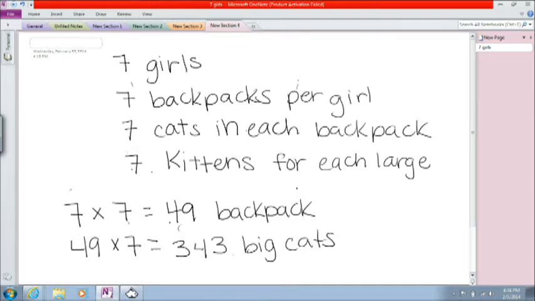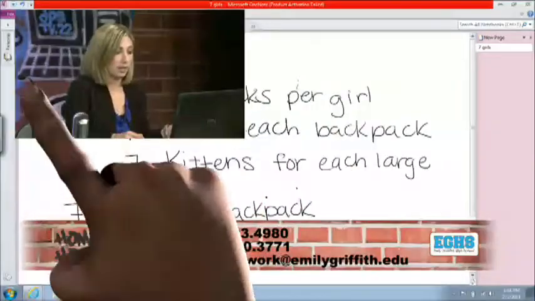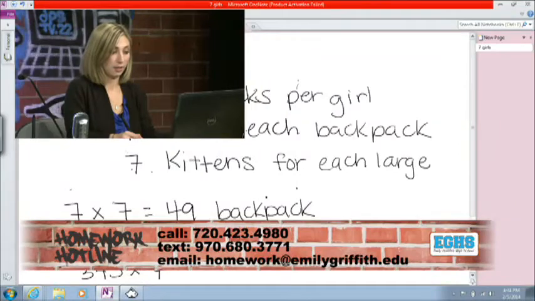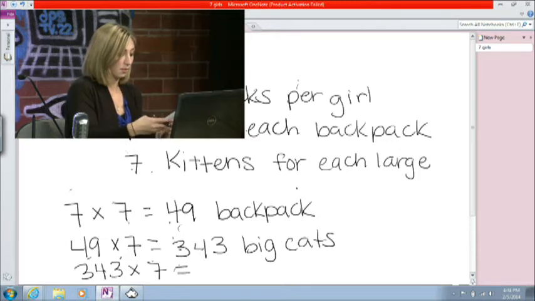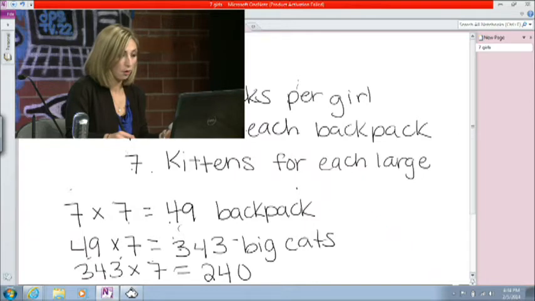Then we have 7 kittens for each large cat, so we take that 343 times 7 to give us how many kittens we have. So we have 2,401 kittens.